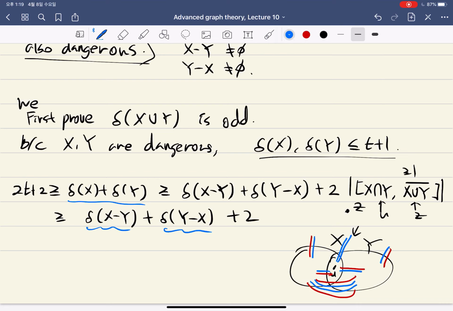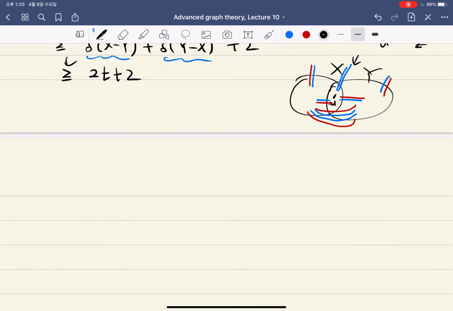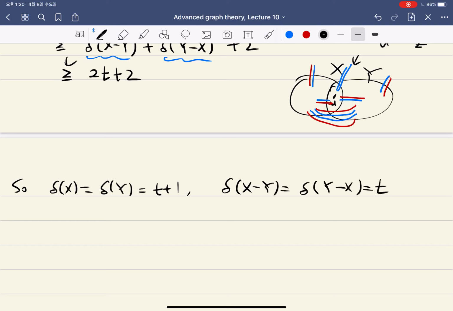These are at least T, because the original graph is T-connected relative to G. So we have 2T plus T. So that means every inequality must be an equality. So what do we get? Delta X equals delta Y equals T plus 1. Delta X minus Y equals delta Y minus X equals T.